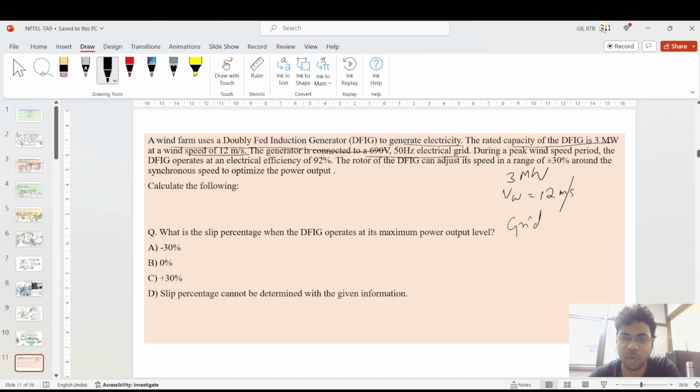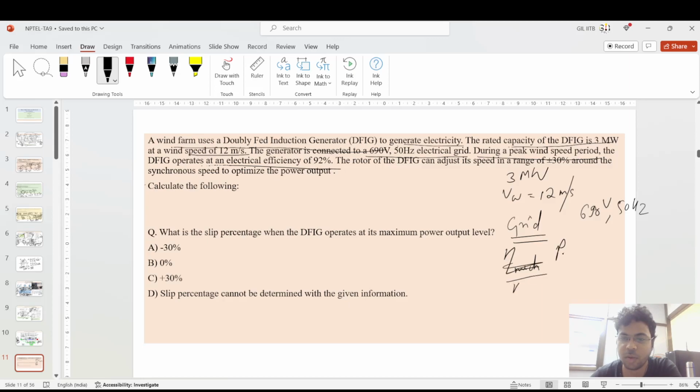The generator is connected to a 690 volt, 50 hertz electricity grid. It is from the grid side, not from the rotor side, that the 690 volt, 50 hertz supply is being generated. And during a peak wind velocity period, the device operates at an electrical efficiency.